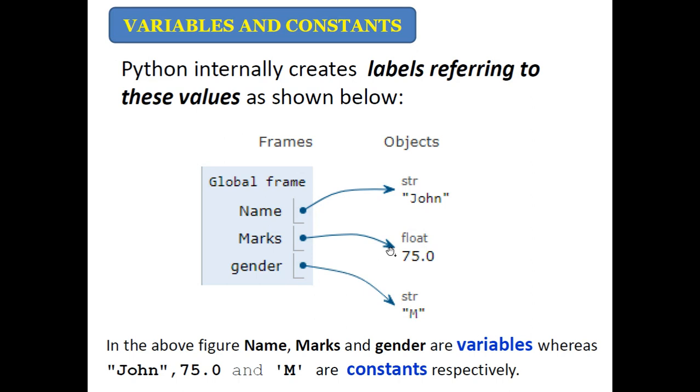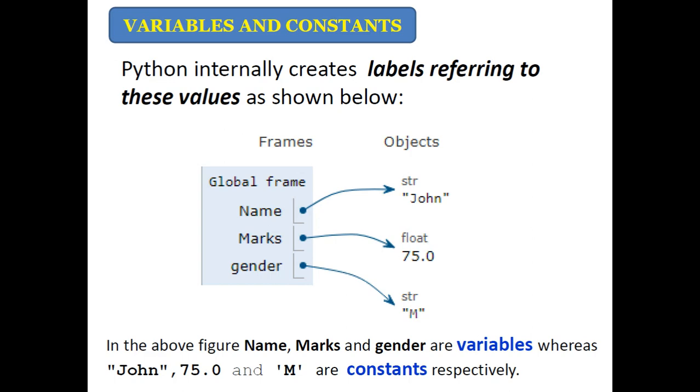This is the internal diagram. In the above figure, name, marks, gender all are variables. They can hold different values. They can refer to different values. And John, 75.0 and M are constants respectively, though they are different types of constants. It is a string constant, it is a floating constant, like that. Earlier we have studied.